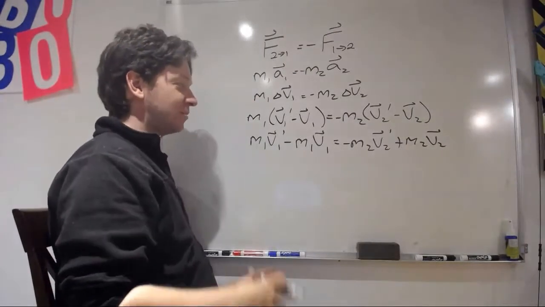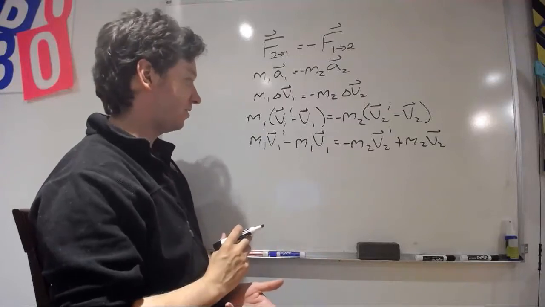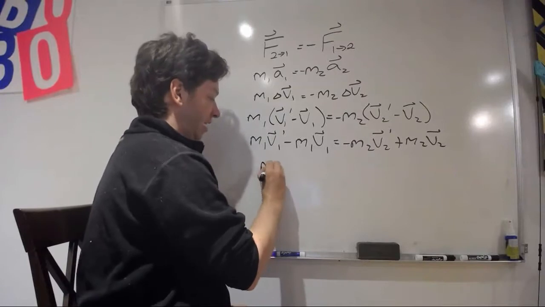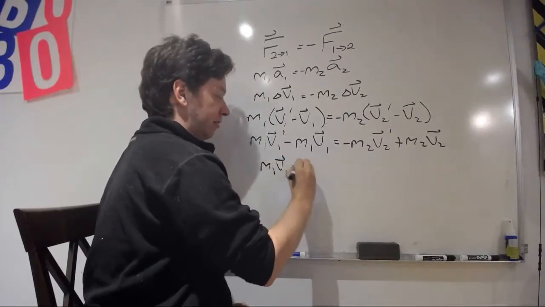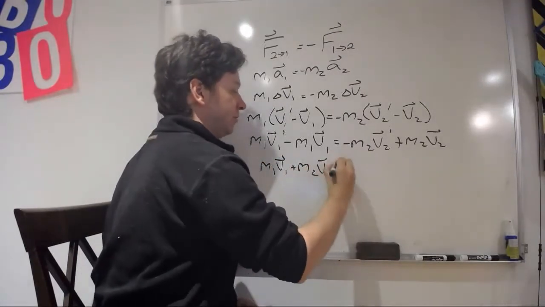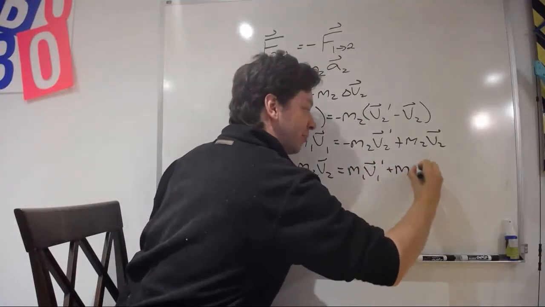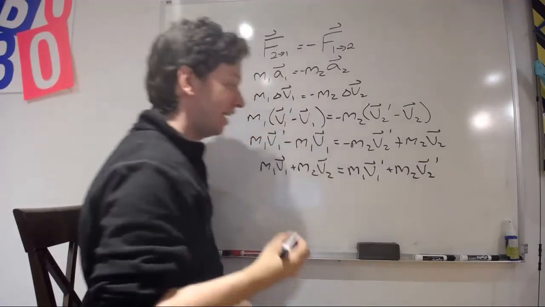So now I can bring all the primes together on one side and all the non-primes together on the other, and you get m1 v1 plus m2 v2 equals m1 v1 prime plus m2 v2 prime.